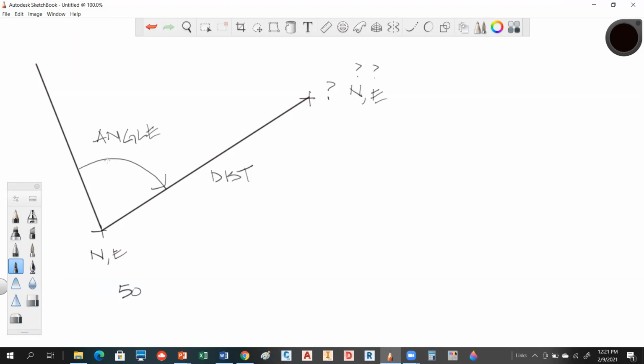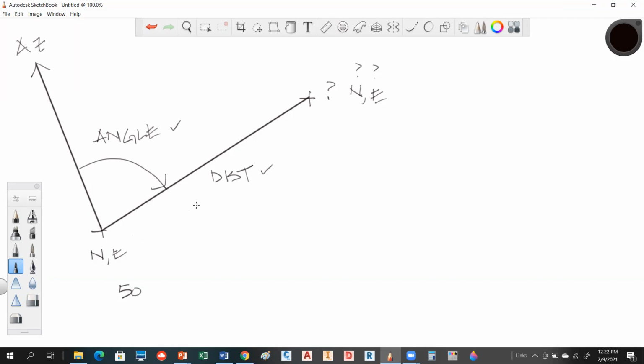By knowing this angle that I've measured, and knowing that distance, you have to recognize that this has some kind of azimuth or bearing to it. This is a known point, 50 to whatever. You measure the angle off of that. If you know this azimuth and you know this angle, you can solve this azimuth.